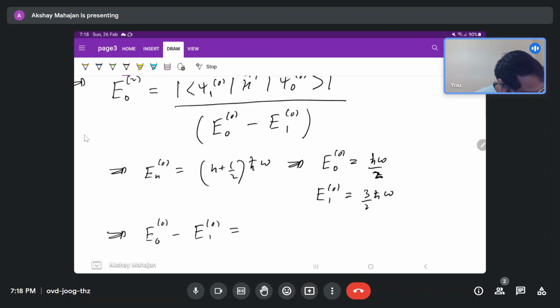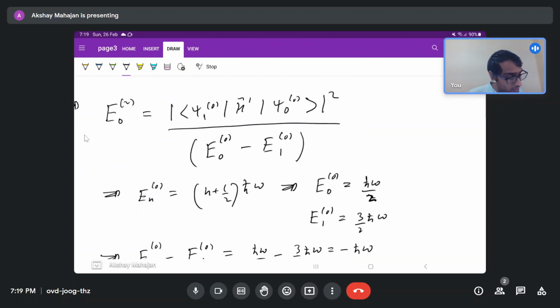It will come as h cross omega by 2 minus 3 by 2 h cross omega, which will be minus h cross omega. So we have found the denominator, which was easy.